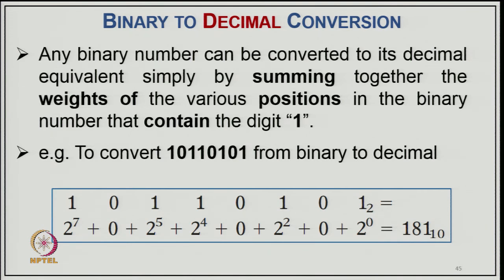For example, to convert 10110101 from binary to decimal, we start with the least significant bit, that is 2 to the power 0, which is 1 in binary, then 2 to the power 1 is 0, 2 to the power 2 is 1, 2 to the power 3 is 0, 2 to the power 4 is 1, 2 to the power 5 is 1, 2 to the power 6 is 0, and 2 to the power 7 is 1. When you add these, it comes to 181 at base 10. So, this number is equivalent to the decimal number 181.